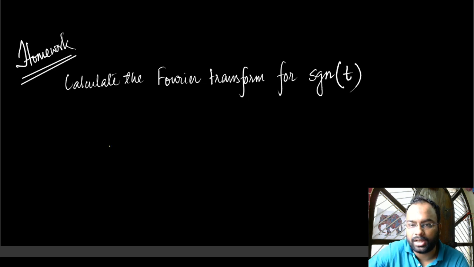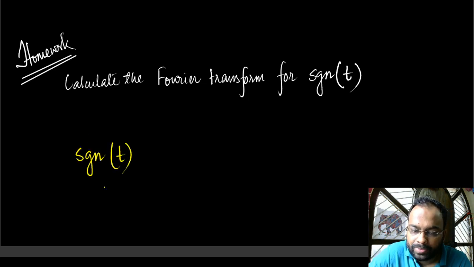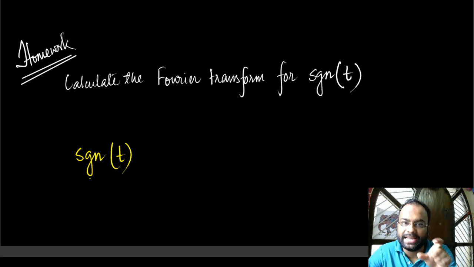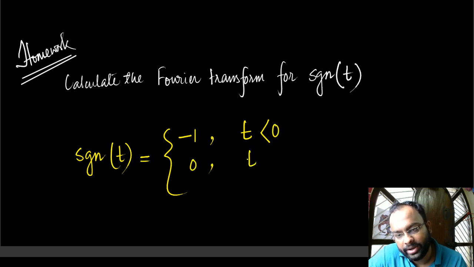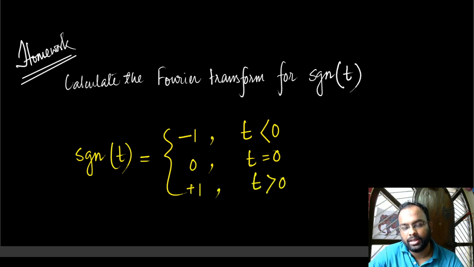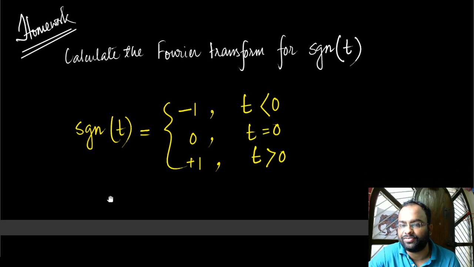Let me just tell you that signum t gives you the sign of a signal. This is how it is defined. This is a value of -1 when t is negative. This has a value of 0 when t is equal to 0, and this has a value of +1 when t is greater than 0. That is how the signum signal is defined.